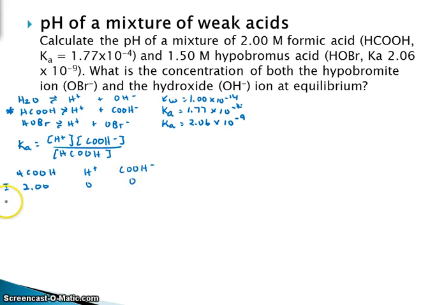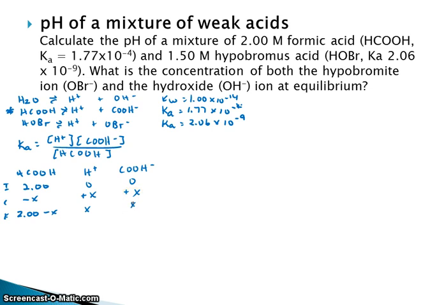Our ionization is going to take place. It's a weak acid, so X amounts of our formic acid is going to ionize, producing X amount of hydrogen and X amount of formate ions. So at equilibrium, we're going to have 2.00 minus X for our formic acid, X for our hydrogen, and X for our formate.